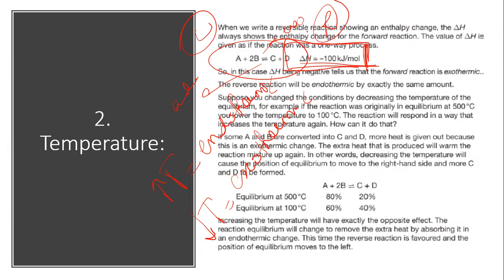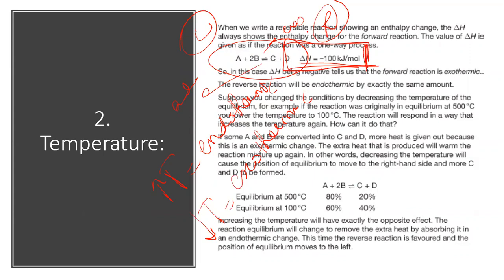And what is the reasoning for it? Why does this happen? It happens for the same reason as pressure: you want to return it back to a normal value. Just like you wanted to bring the pressure back to normal, you need to return the temperature back to a normal value. So if the temperature has decreased, the reaction will shift to the exothermic side, so heat is produced and the temperature comes back up to normal.